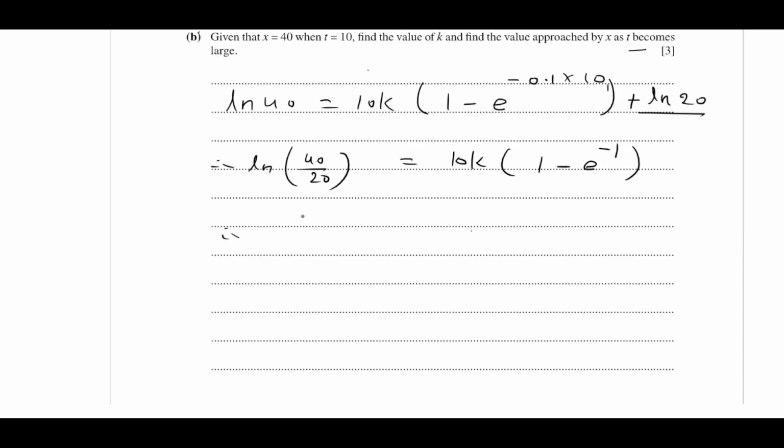So therefore the value of k, we will use our calculator and put all these values. We have natural log of 40 divided by 20, and then this whole thing will be divided by 1 minus 1 divided by e, and then whatever result we get will be divided by 10.